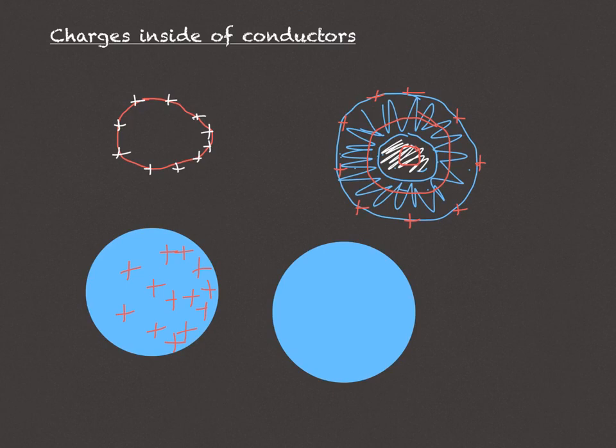So we can end up with a very low density amount of charge along the outside, and as we move closer to the center, end up with a much higher density of charge.